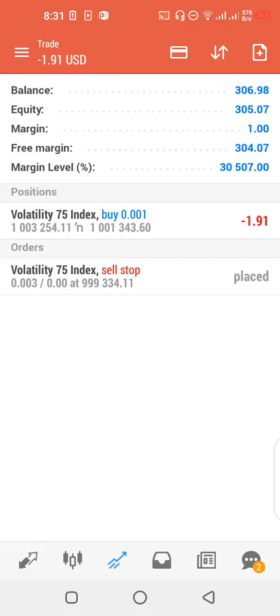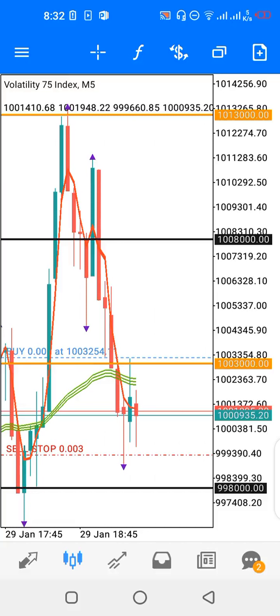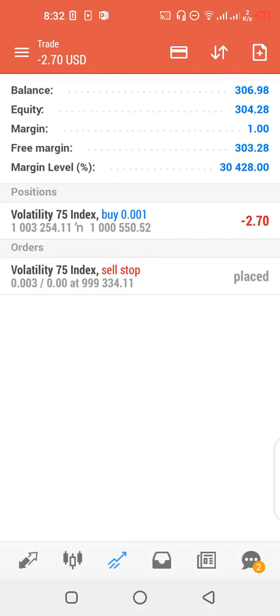The take profit ordinarily should have been 2,500 points, but I was able to close it with 2,600 points thereabout. So I'm going to set take profit for my buy trade, but if my buy trade goes back to the original position, I can just close it. I'll have made profit at the end of the day, but I'm not going to wait for that.